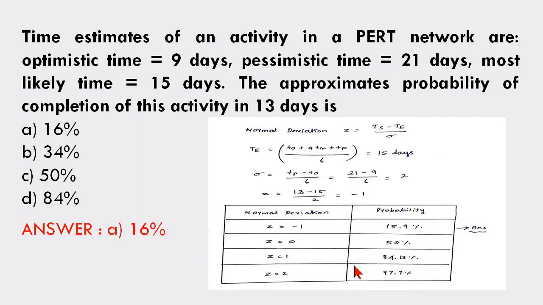You have to remember this table. If the normal deviation is minus 1, the probability of occurrence is 15.9%. Z equal to 0, 50%, Z equal to 1, 84.13%, Z equal to 2, 97.7%. So for Z equal to minus 1, the probability is 15.9%, that is approximately 16%.